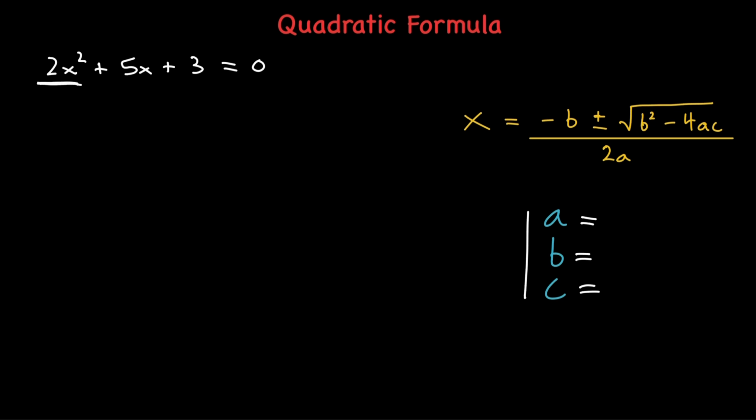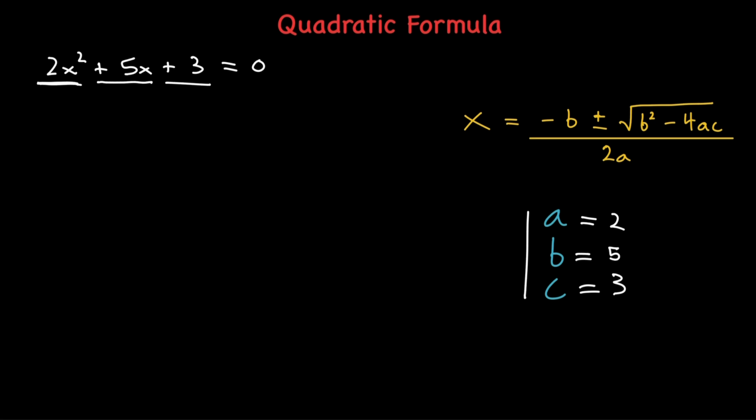And we can see just by reading that that is 2. B is the coefficient of the x to the power of 1 in the middle. And we can see here that it's positive 5. And c is our constant term on the end. And we can see that that there is positive 3.